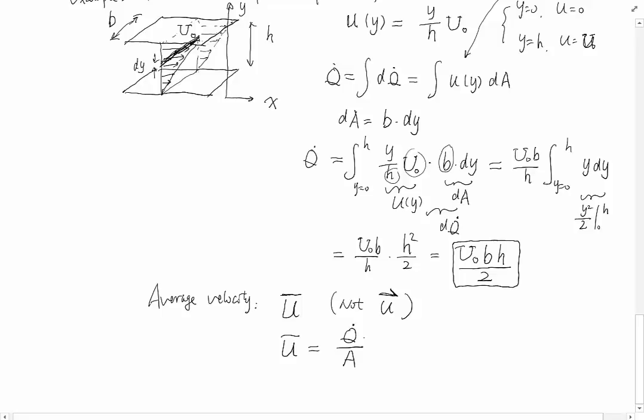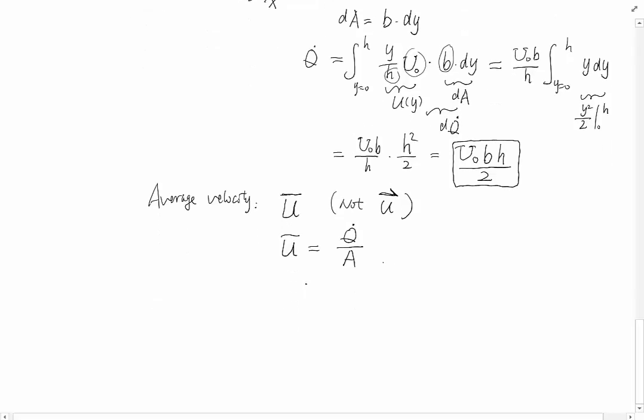So if we have a uniform velocity profile, then the average velocity will be the same as the velocity. But if we have this linear velocity profile, then it's going to be slightly different.